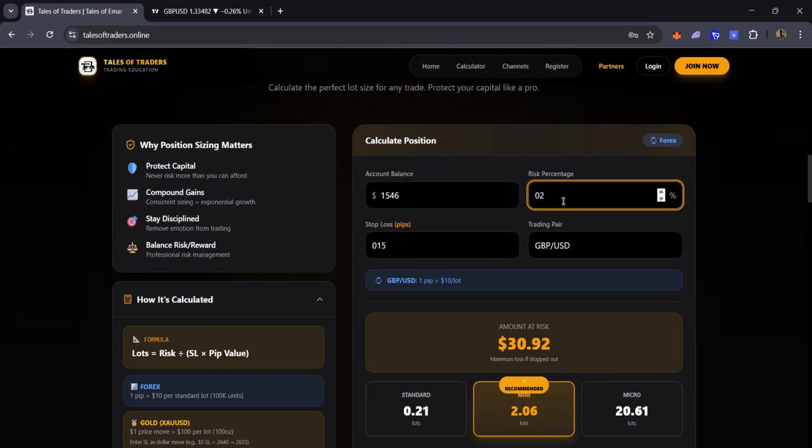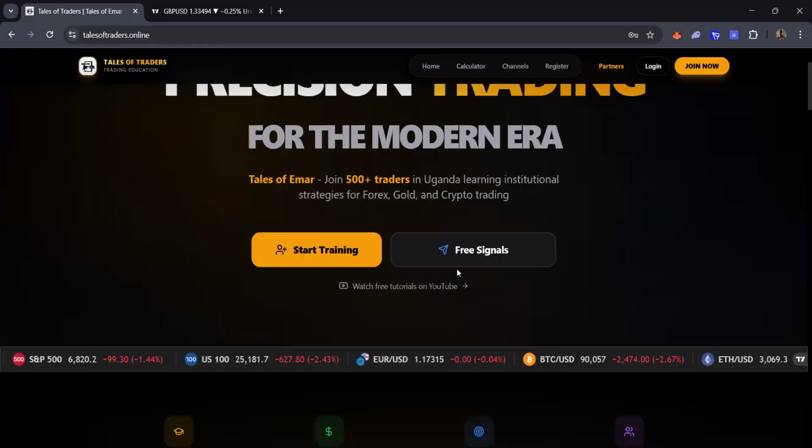So, for example, if I put 10% here, you're going to see that you'll be risking 150. So the calculation is really good, and I hope it improves.